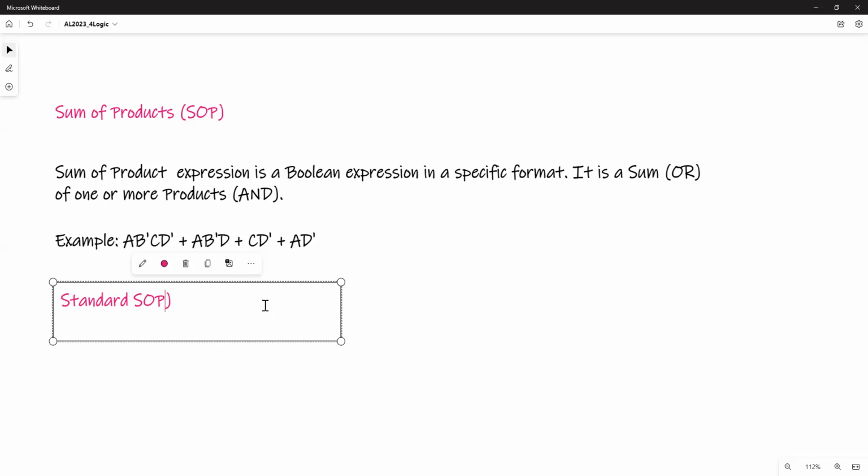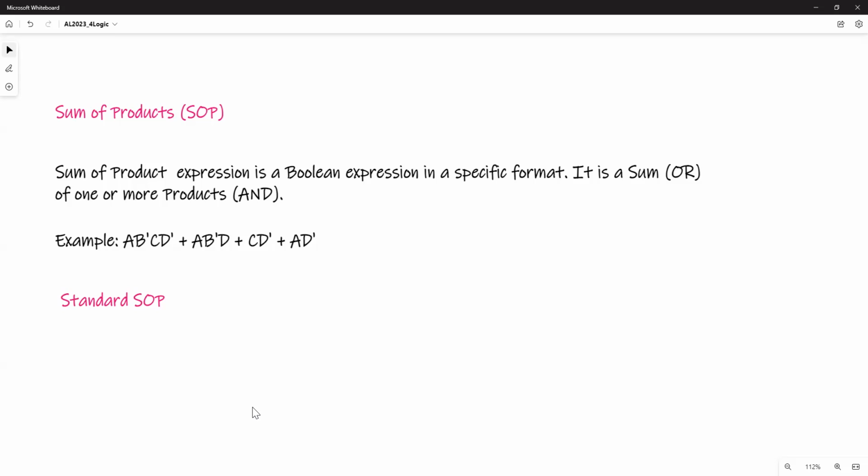The difference is in the previous one, in each of the terms, we don't have all the variables, right? In the previous example we have 4 variables. But the first one we have all the 4. The second one we have only 3. That means C is missing.